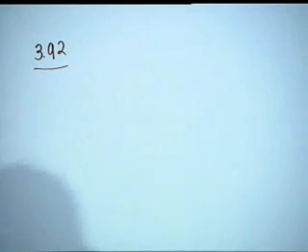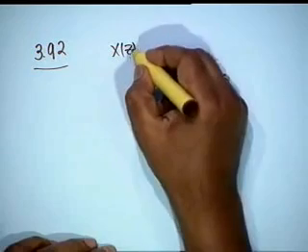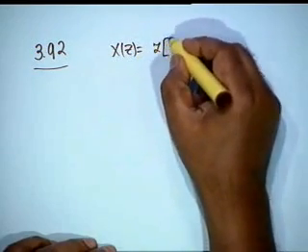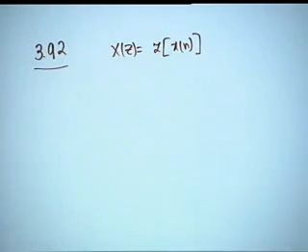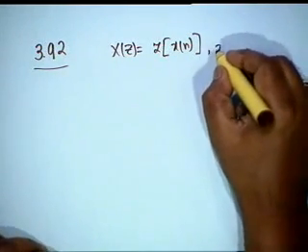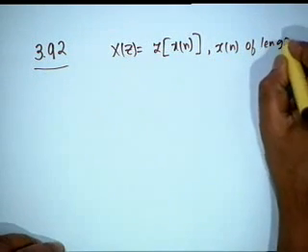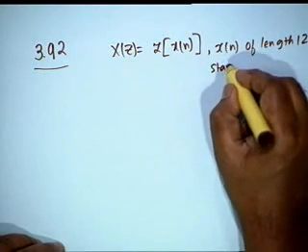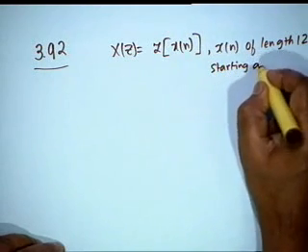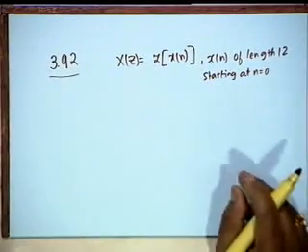The statement of the problem is: let X(z) be equal to the Z transform of x(n), and x(n) is of length 12 starting at n equal to 0. That is, we have x0, x1 up to x11.